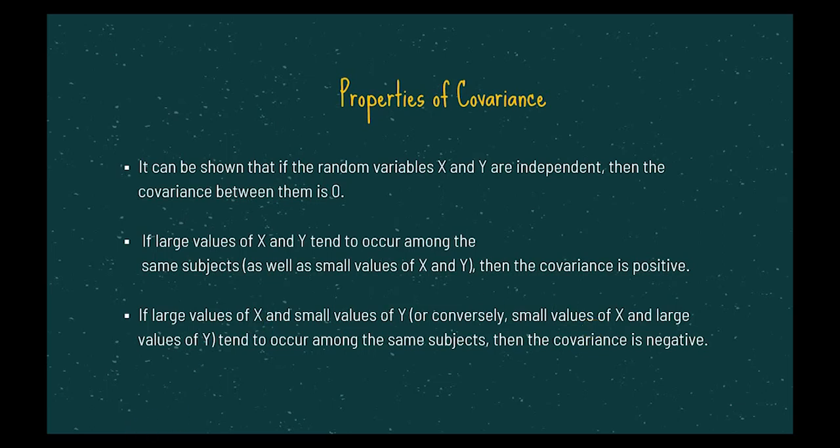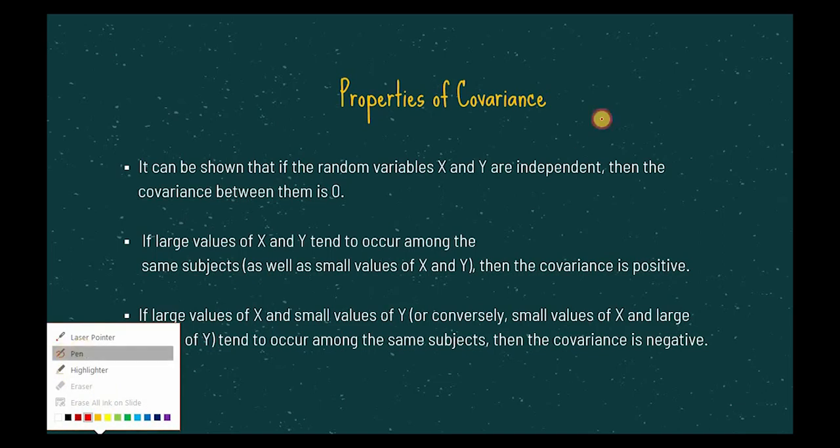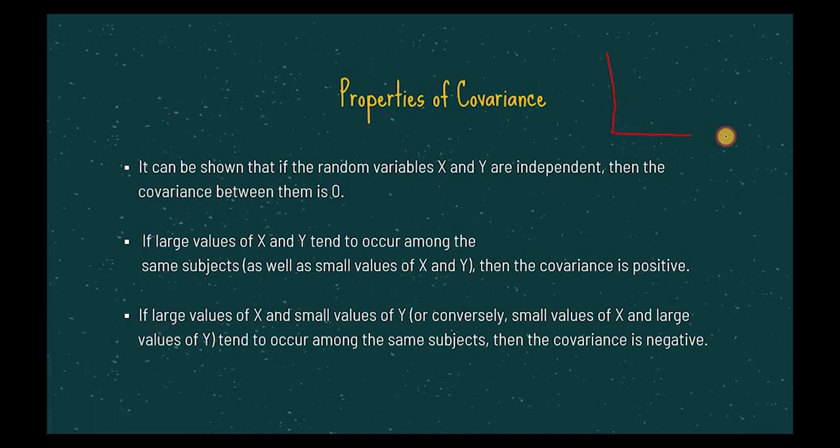It is something like you have this kind of graph. If x is large in some samples and the values of y are also larger with the increment of x, this is called positive covariance.